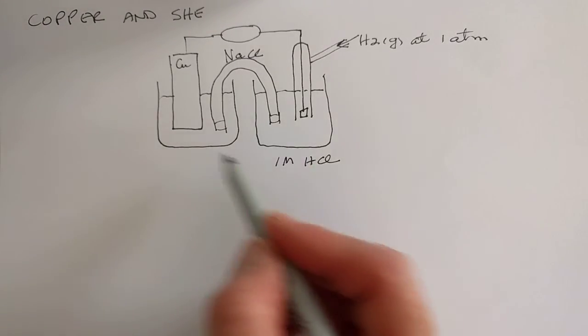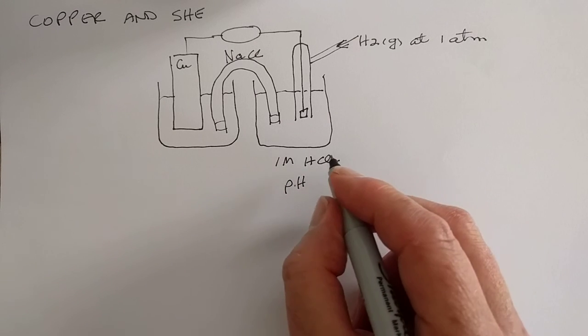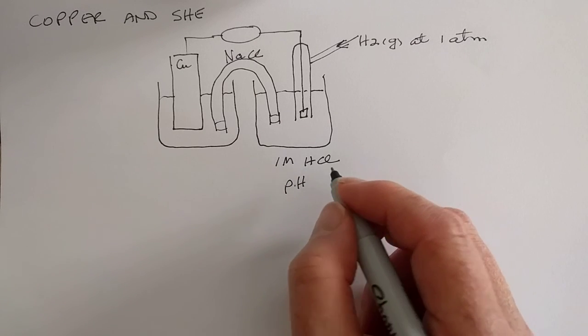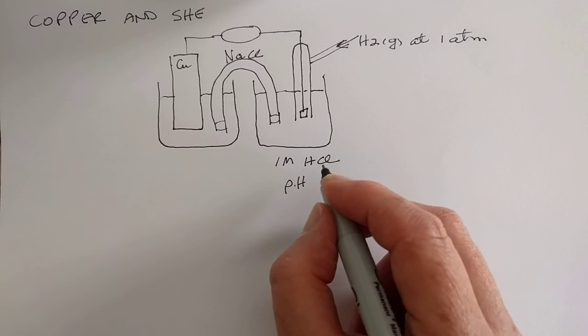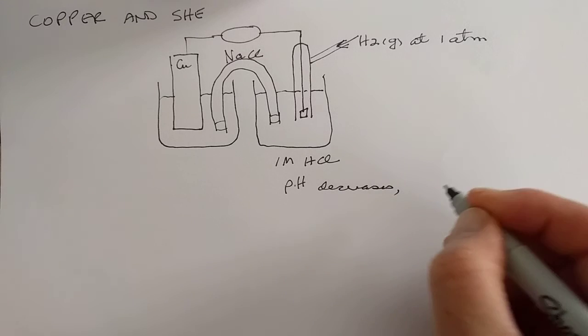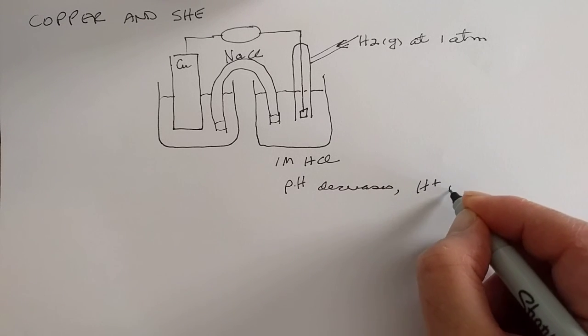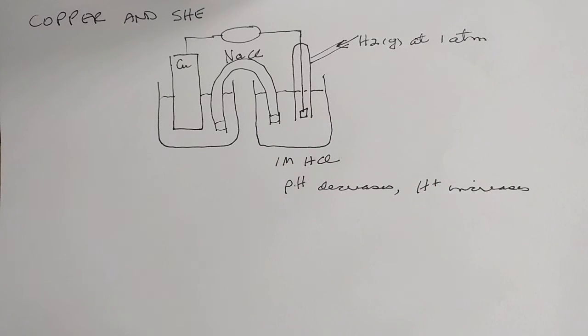So as this cell runs, we observe that the pH decreases because the H+ increases. And we don't see all those bubbles coming off of our platinum electrode there.